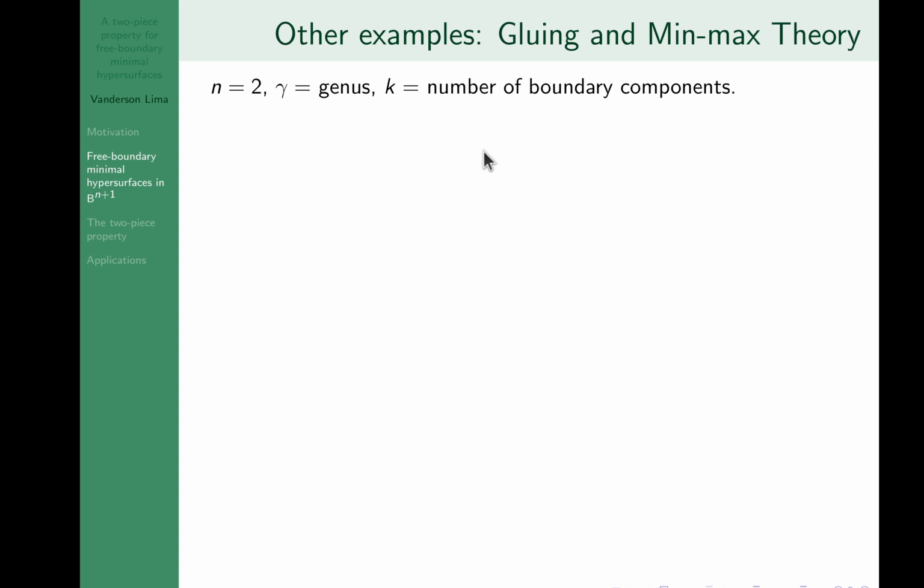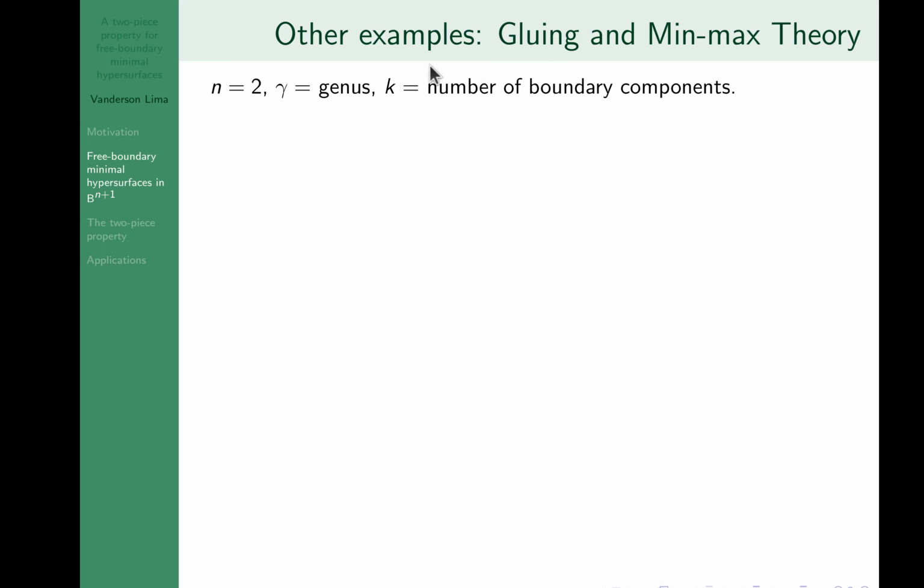Okay, and we have more examples, and basically people have used two techniques to obtain these examples. One is a gluing technique based on PDEs, and min-max theory for the area functional is the other approach. So here again, the examples are in the case n equals 2, inside the Euclidean three-ball.